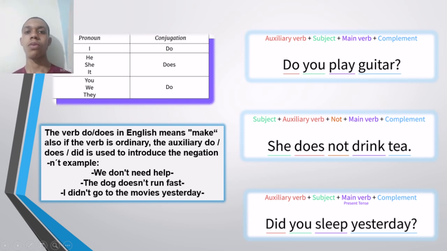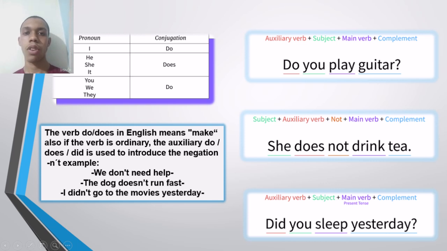Two, as an auxiliary verb, to ask and deny in the present tense. For the past, we use did for all people. In this case, we cannot translate it into Spanish since it is a construction of English.